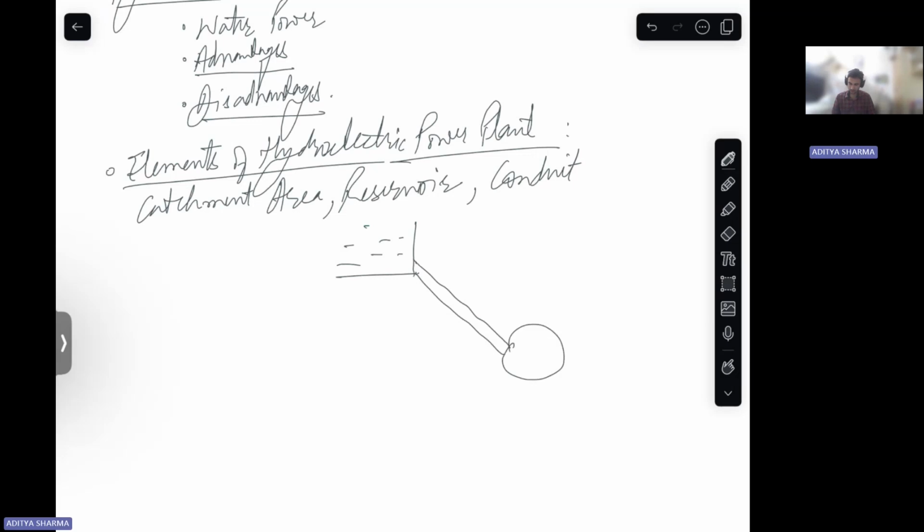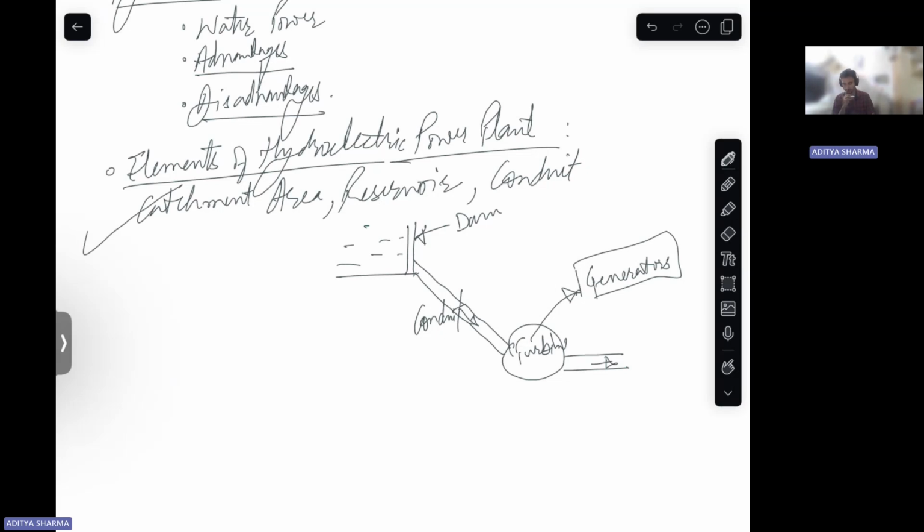Here we will have the turbine, then exit. This will be connected to generators. This is your turbine. This is your dam. This is your conduit. So these are the major elements of a hydroelectric power plant.